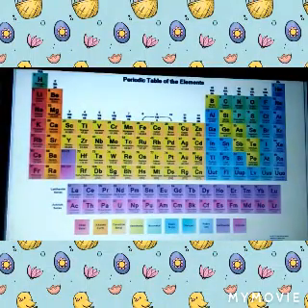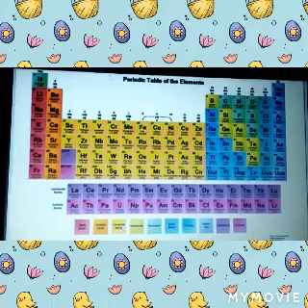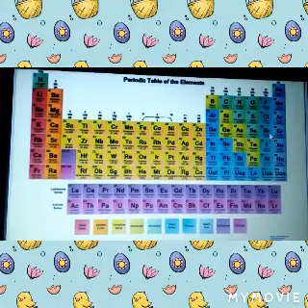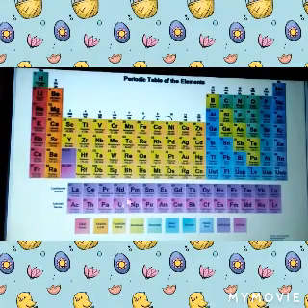Now, this is the modern periodic table of elements. Here we can see we have metals, and here are all the non-metals, and this, the 8th, is the noble gases. Here are lanthanoids, actinoids.